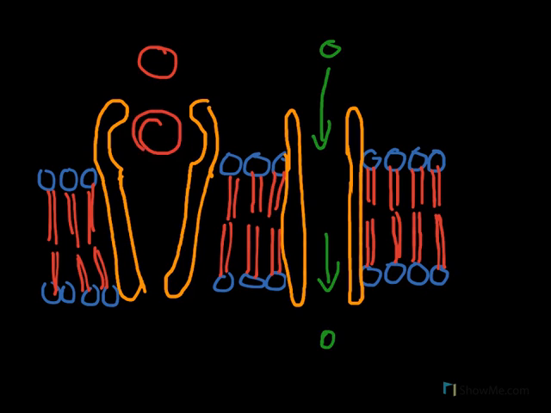Okay, so this molecule comes in, and then it'll actually use energy, energy called ATP. So ATP will be converted to ADP. And when that happens, the protein will actually shift and move, and it'll move this molecule through the membrane into the cell.